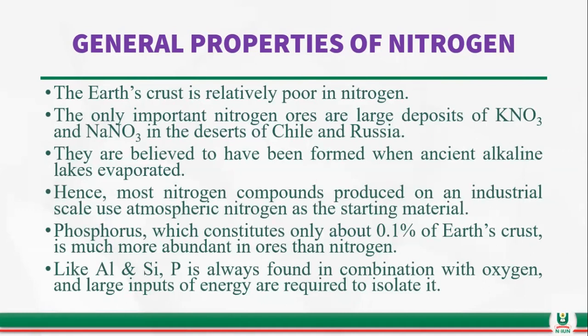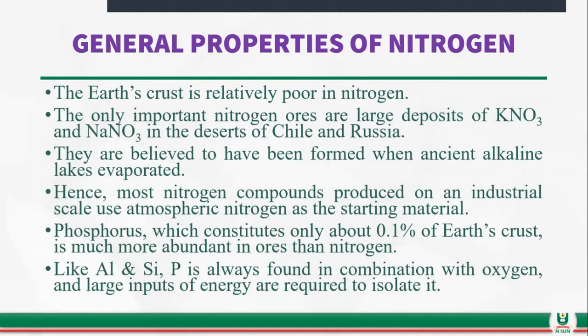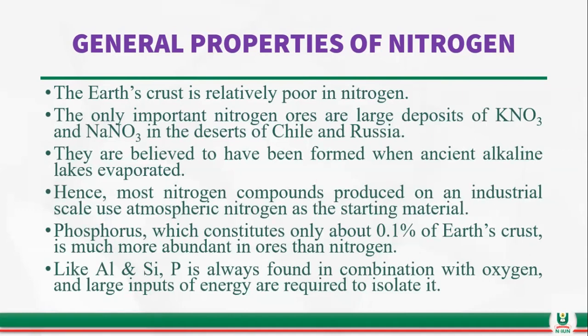The only important nitrogen ores are large deposits of potassium nitrate and sodium nitrate in the deserts of Chile and Russia. These two countries, among all the countries of the world, have a notable amount of potassium nitrate and sodium nitrate.